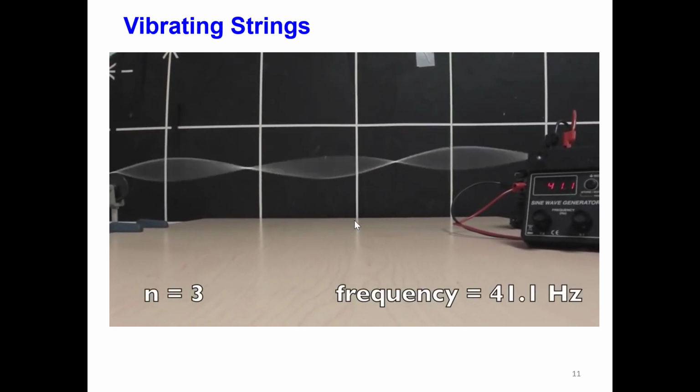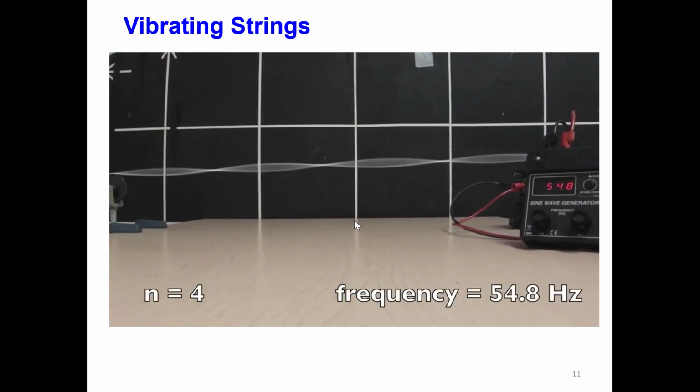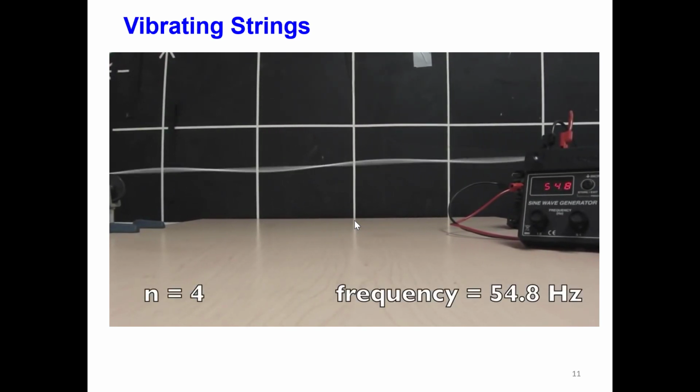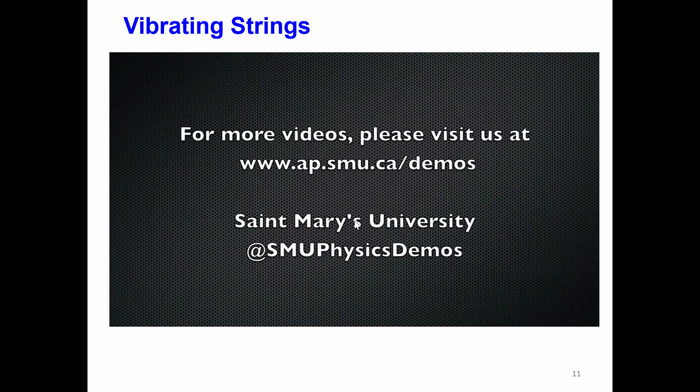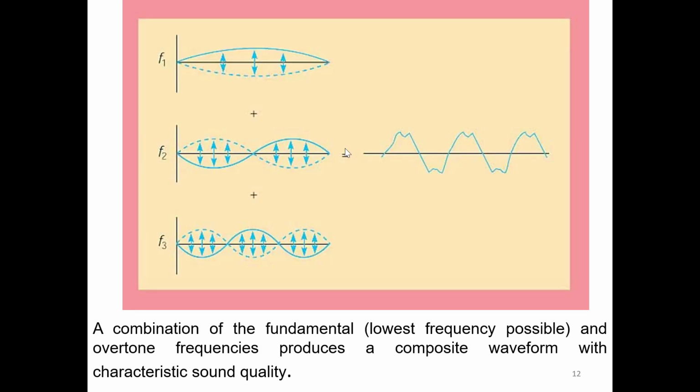Here we can see the different patterns for nodes and antinodes that depend on the frequency of the vibration that travels through the string. If we have one antinode, this is called the fundamental frequency.